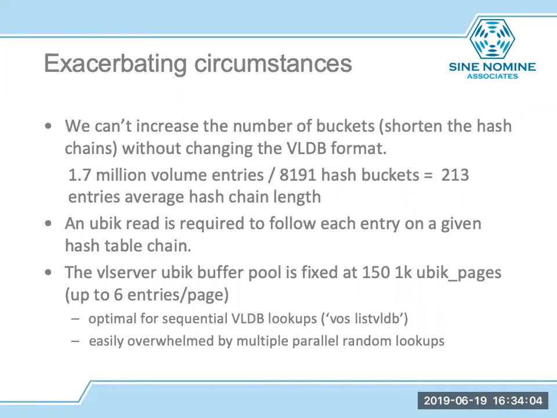It's very interesting to see that the Ubik page structure is 1K. Yes. But the individual VLDB records look like they are 148 bytes. It's very strange. So it's not necessarily aligned. It's because they're using common code. It's Ubik, so all of the Ubik servers are using that same basic idea of an Ubik page.